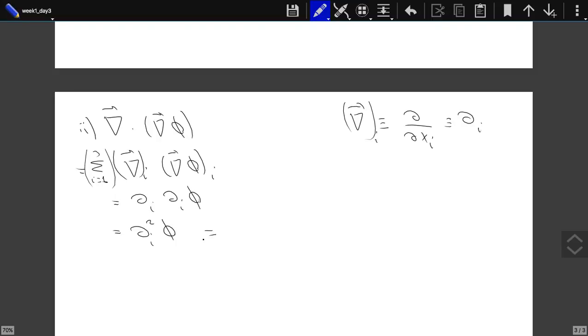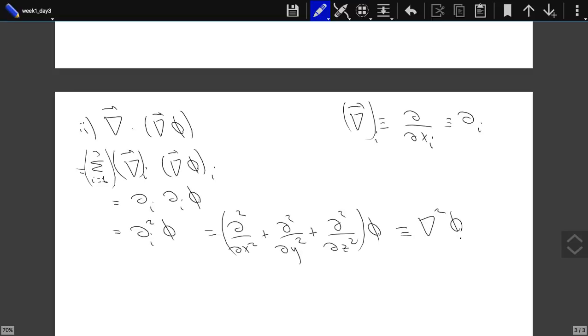Now, written explicitly, this is del squared by del x squared plus del squared by del y squared plus del squared by del z squared acting on phi, which we just call del squared phi. This is what we call the Laplacian.